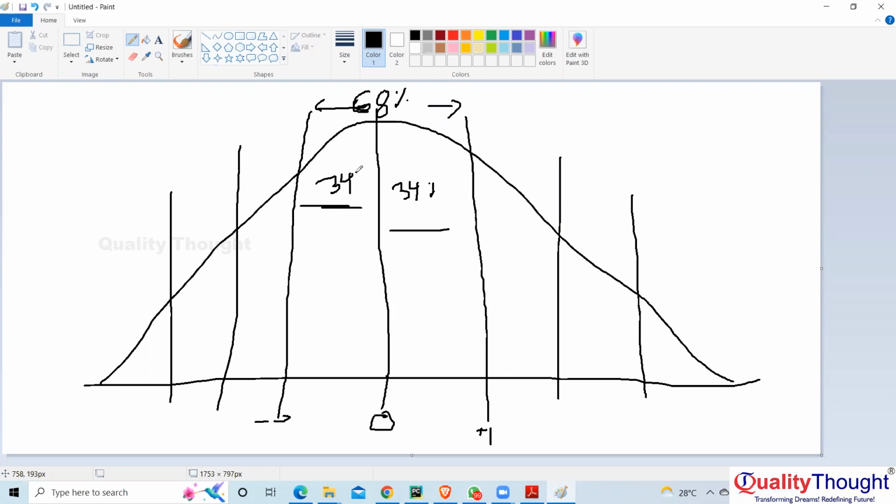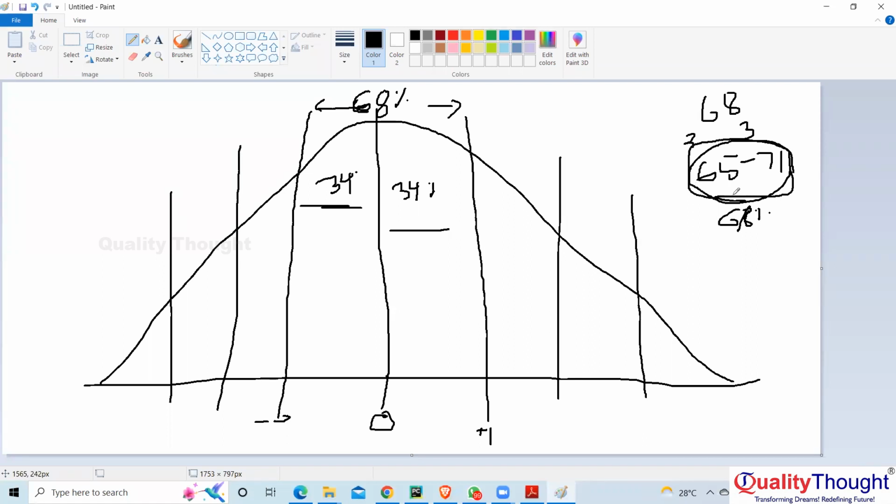You can take randomly 100 numbers, and let's say your mean came to 68 and standard deviation came to 3. So 3 this side and 3 this side is between 65 to 71, and approximately 68% of the values will be there. So if you have 100 values, 68 values will fall under 1 sigma.